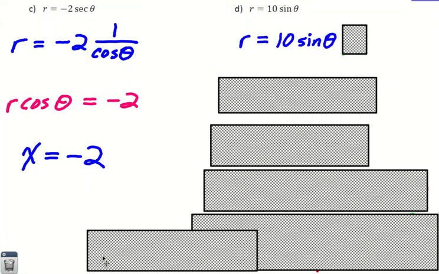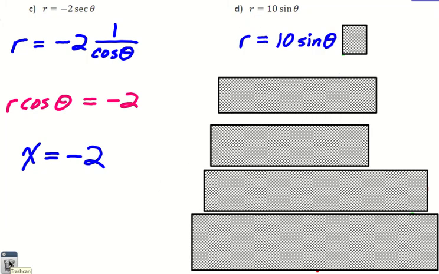I'll tell you what. We are not going to square both sides, but we are going to multiply both sides by r.